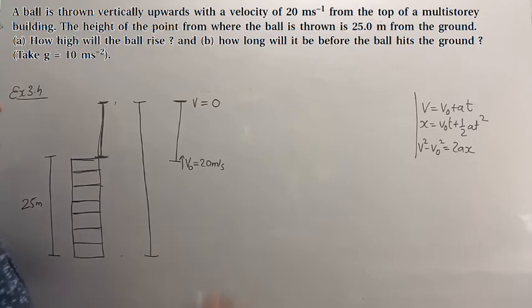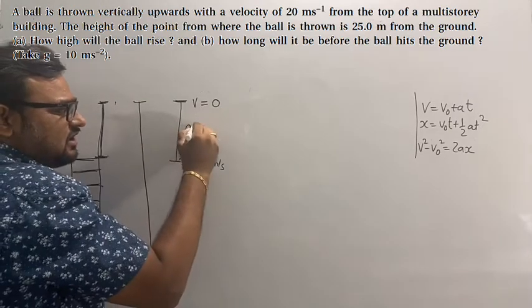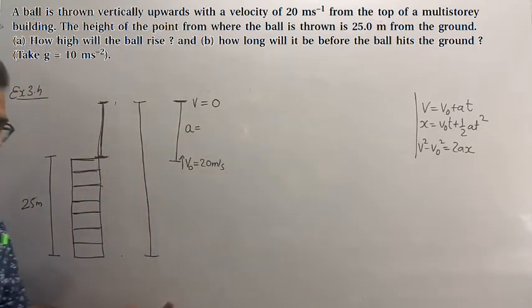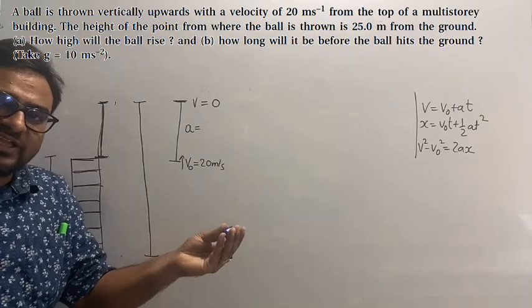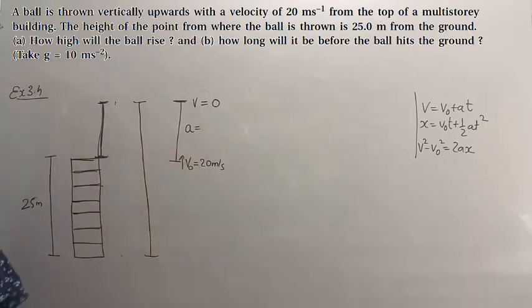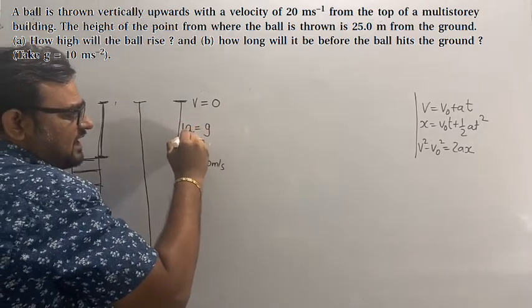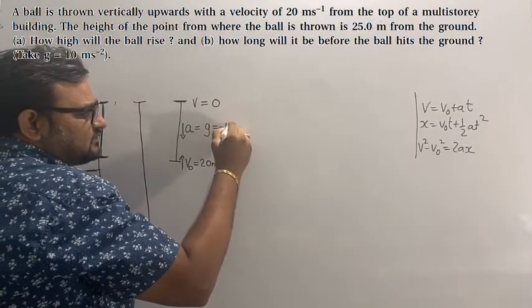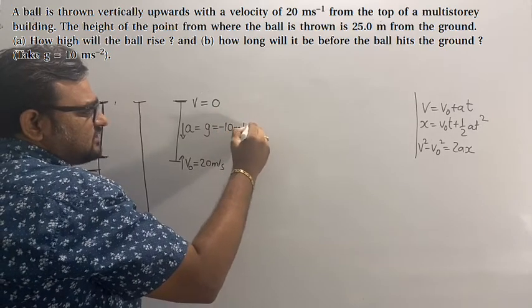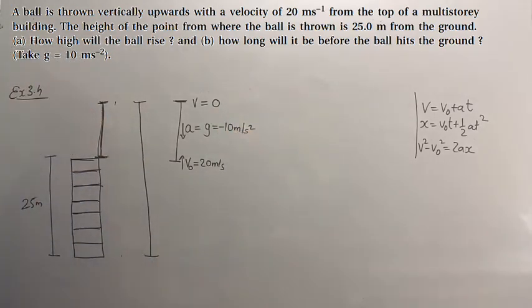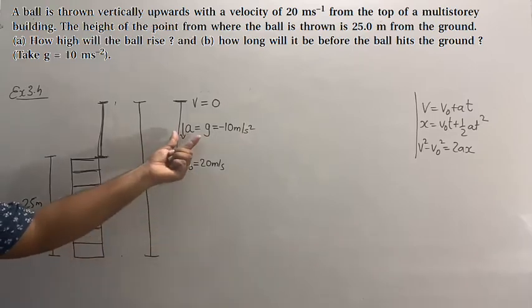And what is the acceleration? When you're throwing a ball upward, it is the gravitational acceleration. The coach has given to take it as 10, but as the acceleration is in the downward direction, I will take it as minus 10 meter per second square. These are the given things.